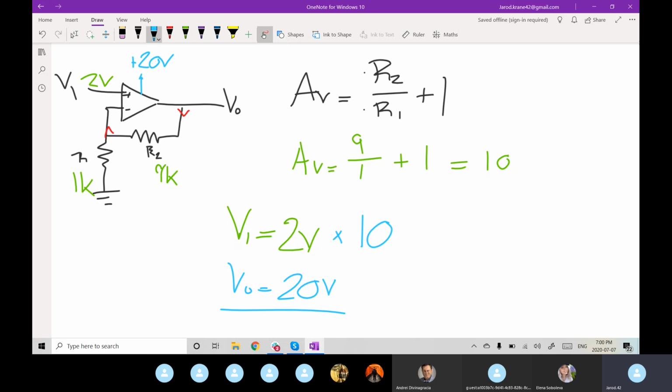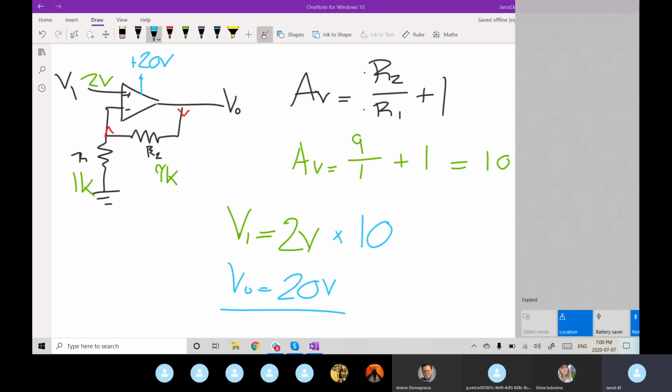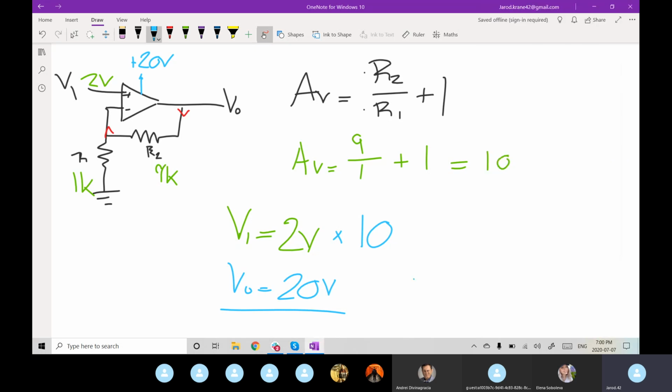But we can see now that we just took a 2-volt signal and all of a sudden we're outputting 20 volts. Make sense to everybody?